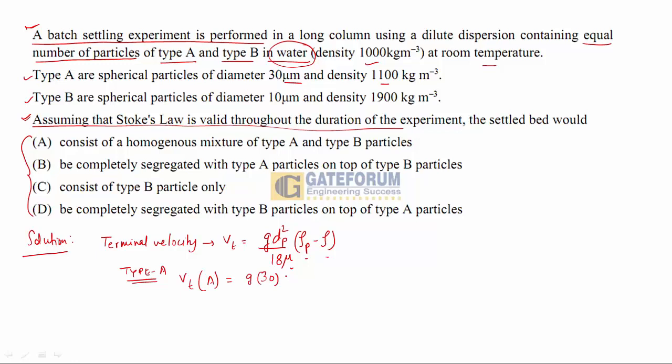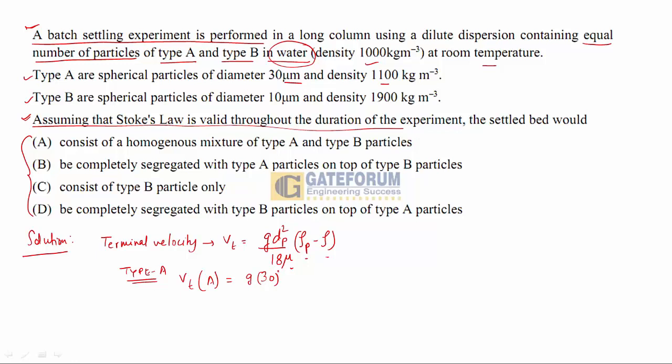Let us not change the unit of dP to meter, let us keep it as 30 only, and for type B also we'll keep it in micrometer so that we can compare it. If you change 30 micrometer to meter here, then you have to do the same for type B, but I'll keep it as micrometer in both the cases.